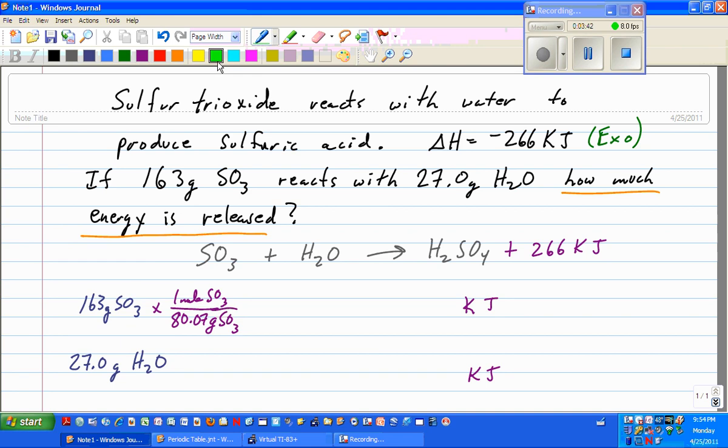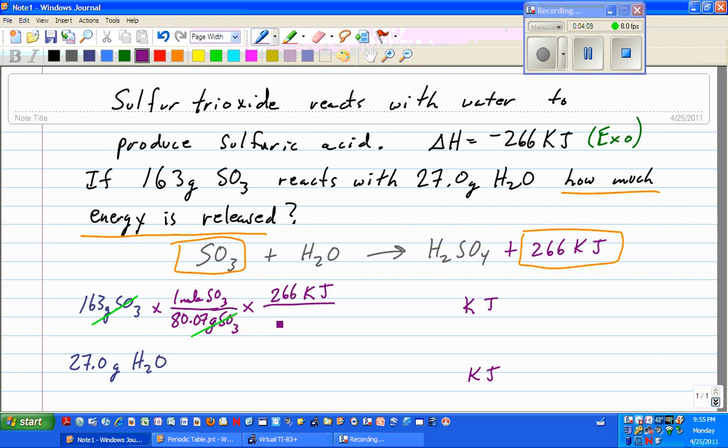At this point, I can see that my grams of sulfur trioxide cancel. I'm ready to go ahead and get rid of my moles of sulfur trioxide and get into my energy. So I'm interested in sulfur trioxide and 266 kilojoules of energy. So the 266 kilojoules goes on top.